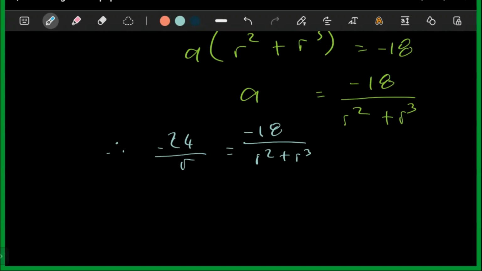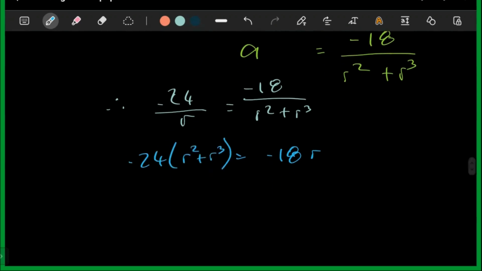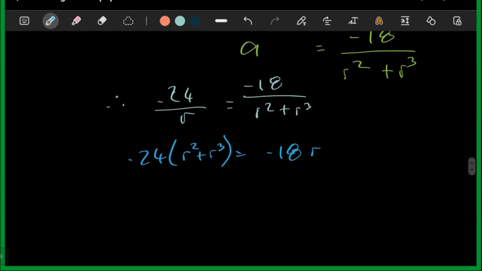So let's move on. Let's cross multiply. r times -18 is going to be -18r. -24 times this is -24 times r squared plus r to the power of 3. Solving for r here, it looks like we're going to end up with some cubic expression, but let's see. -24r cubed here, -24r squared.